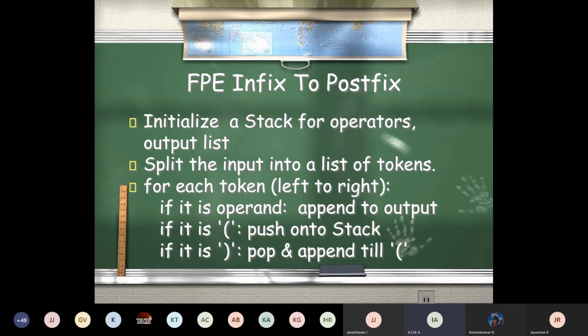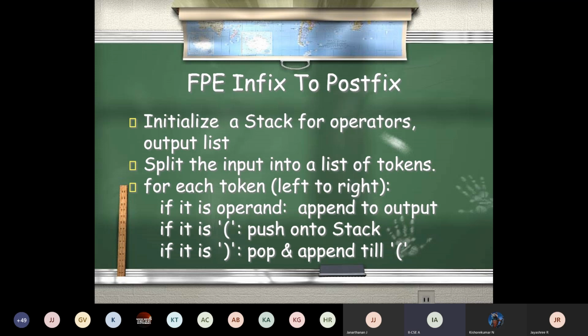So for each token from left to right, we are going to apply some algorithmic steps. I'm going to have a stack, and I'm going to have an output.